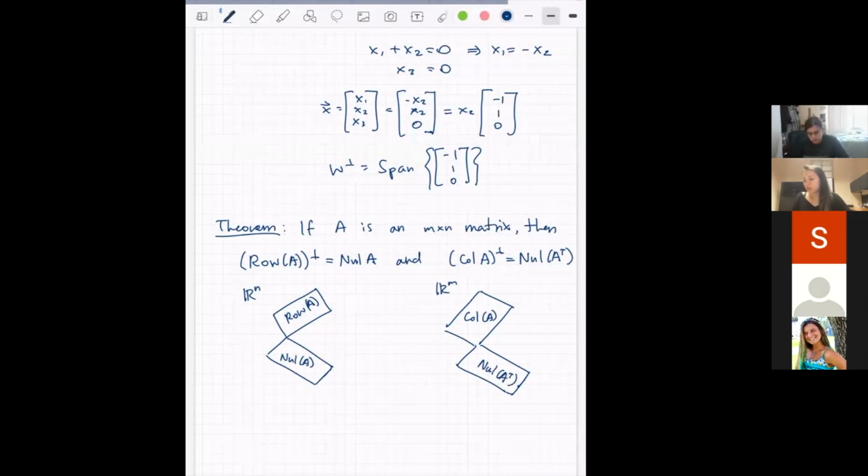And these partitioned our space into these pieces, so we had 2 pieces in Rn and 2 pieces in Rm. I believe I alluded to this, but we didn't have the definition yet, but these are orthogonal. That's what this theorem says. And these are orthogonal.